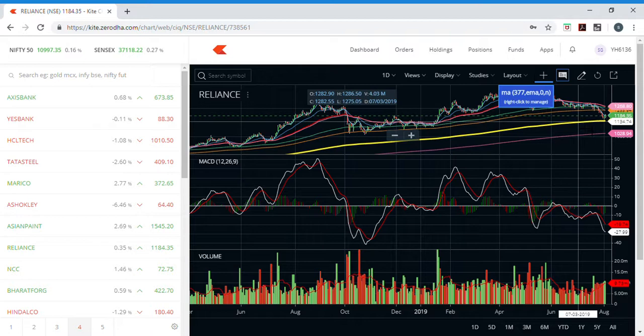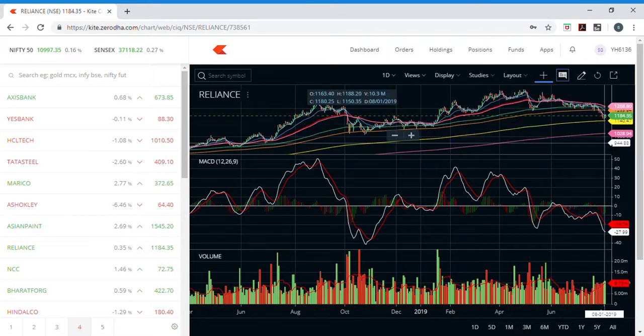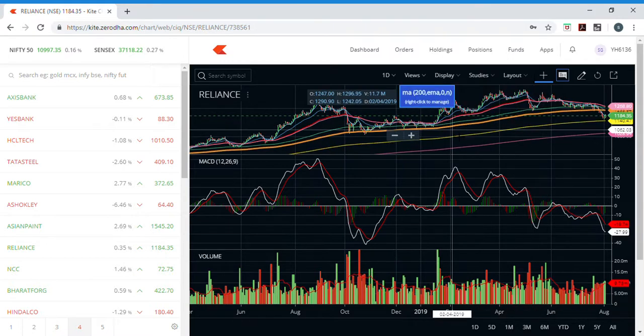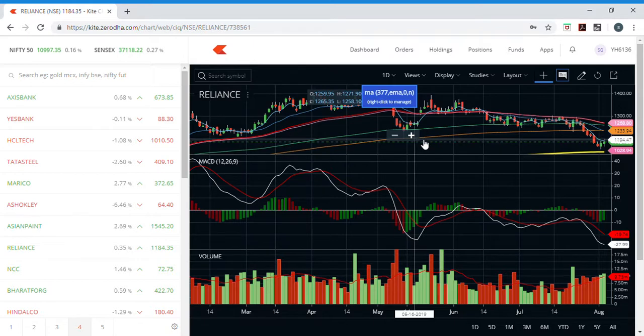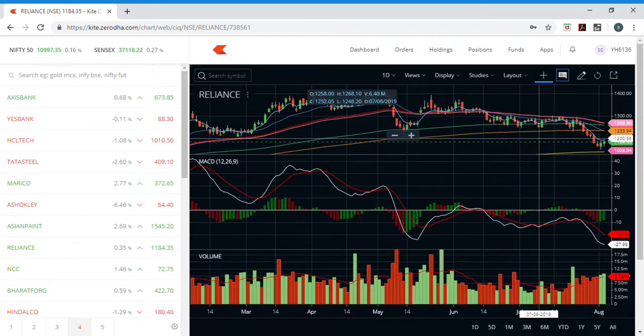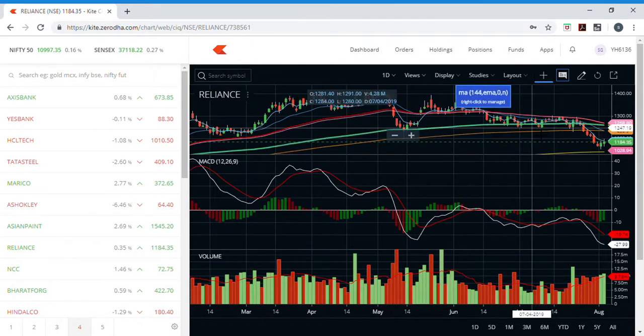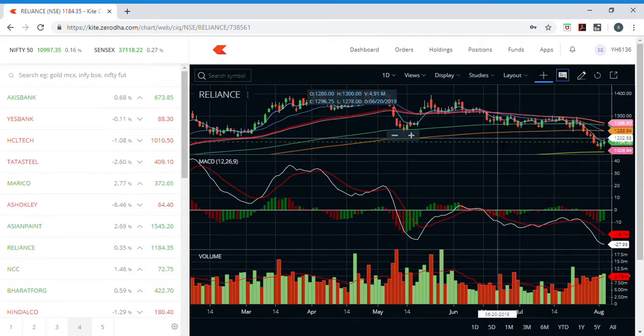As you can see, it took exactly the same support at 1150, and then it retraced back and reached close to 1180. Here you can also see, let me expand this, there are some areas where you see such a disruption, and this kind of noise is made to hit the stop loss of investors.